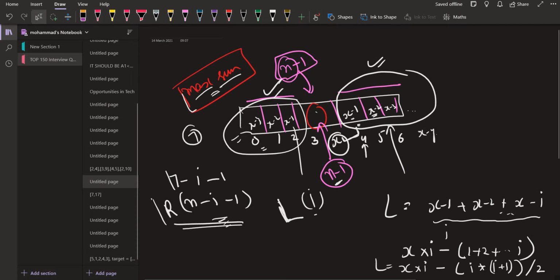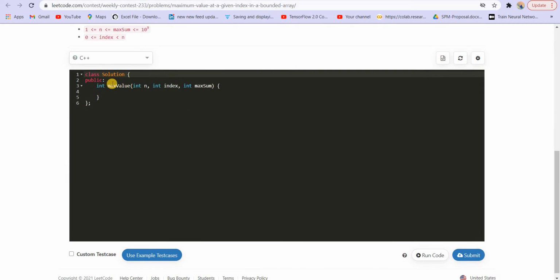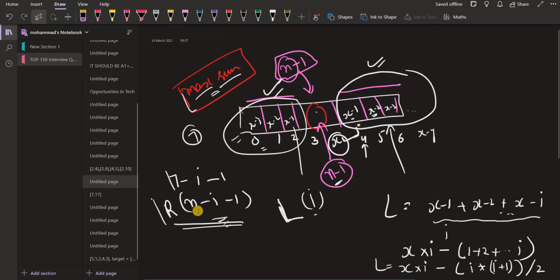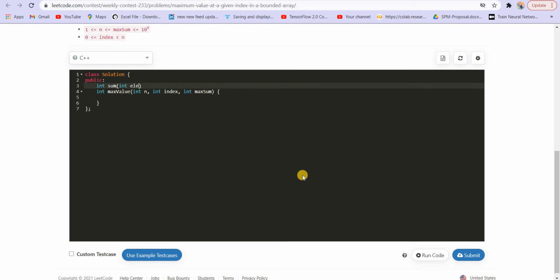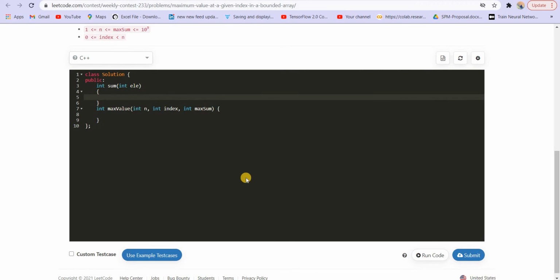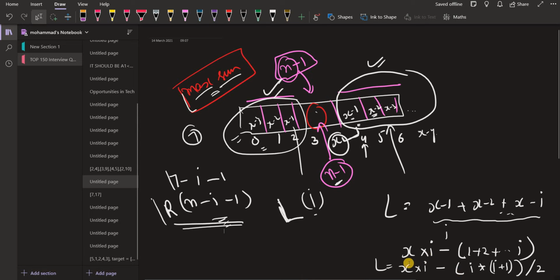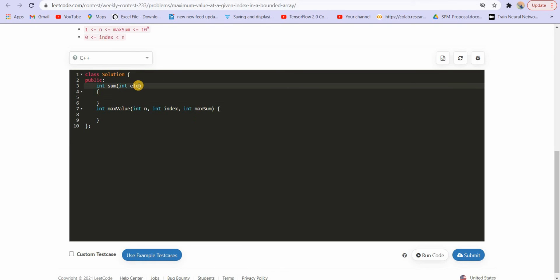Let me just write it at the same time so that it is not complicated at the end. So I'm creating this function. This function will give me the summation of the left hand side and the right hand side. For that I will pass the number of elements, so int elements, and I should also pass x here.